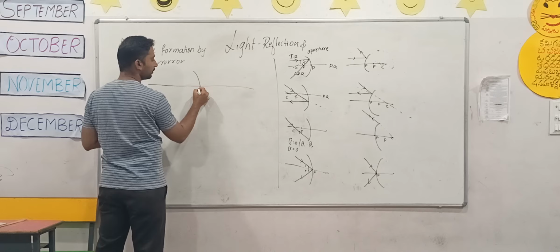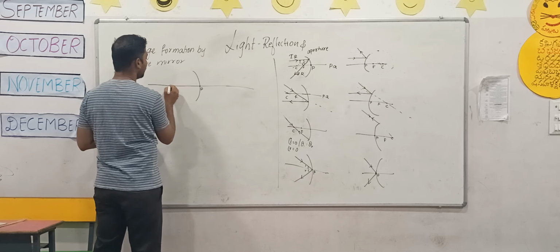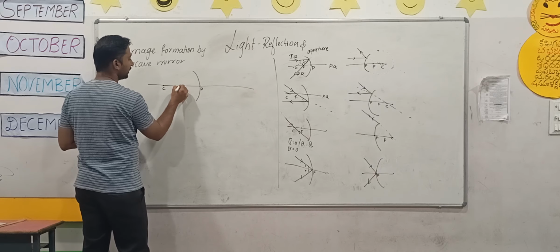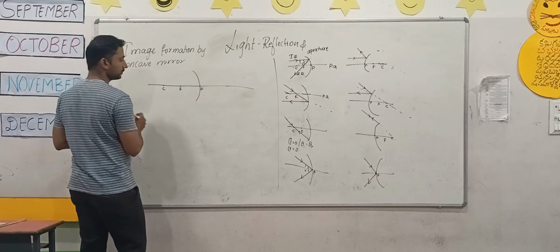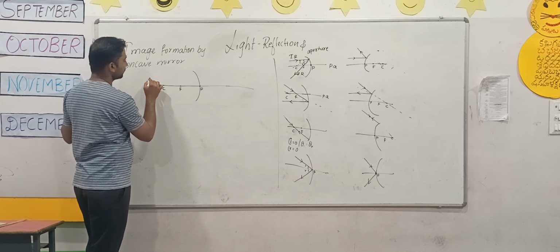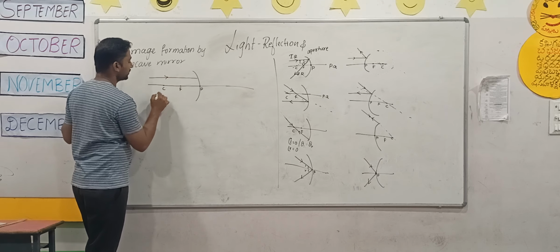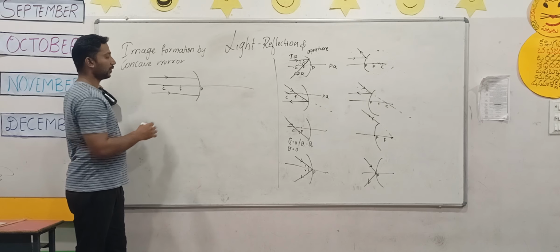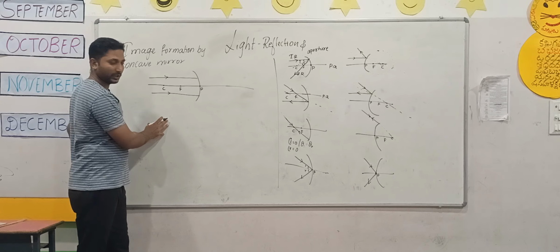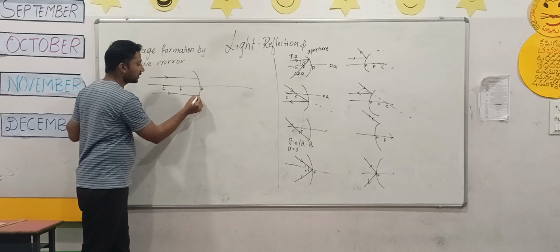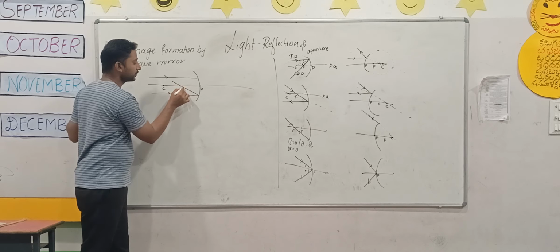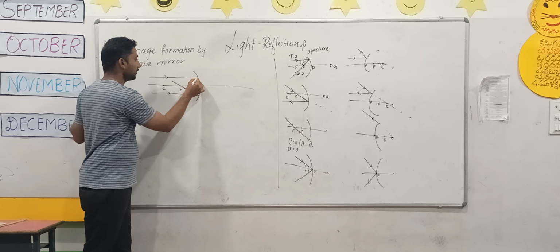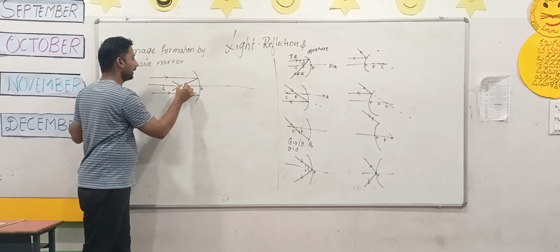The center of the reflecting surface is called P, and just imagine we have a center of curvature C here, and exactly between C and P we have F. If we take parallel rays which are coming from an infinite distance, and they are incident on the reflecting surface of a concave mirror, then the reflected rays will pass through the point F, whether it is above or below the principal axis, both will be the same.